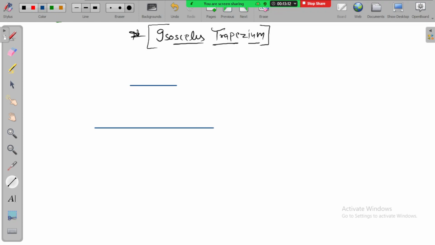If you look at this trapezium, just one pair of opposite sides is parallel, yes or no? So how can we make it an isosceles trapezium? This pair of non-parallel sides, if they become equal to each other, then you will get an isosceles trapezium.